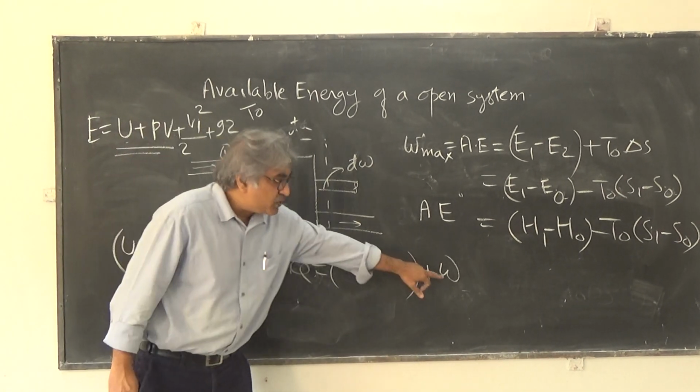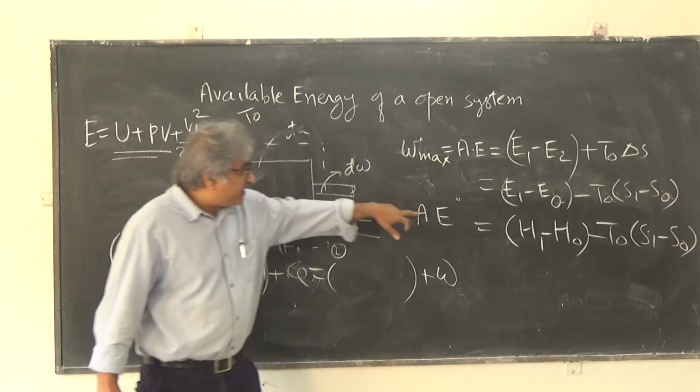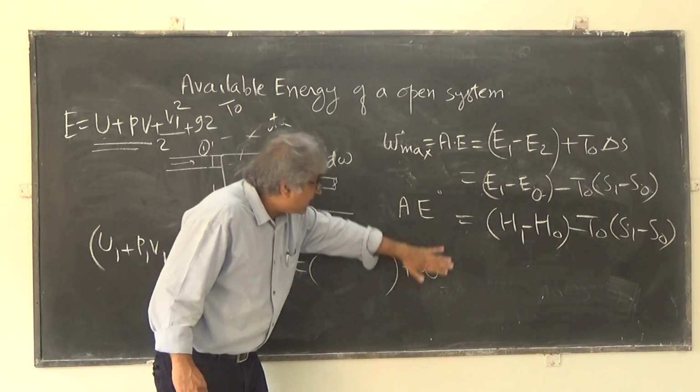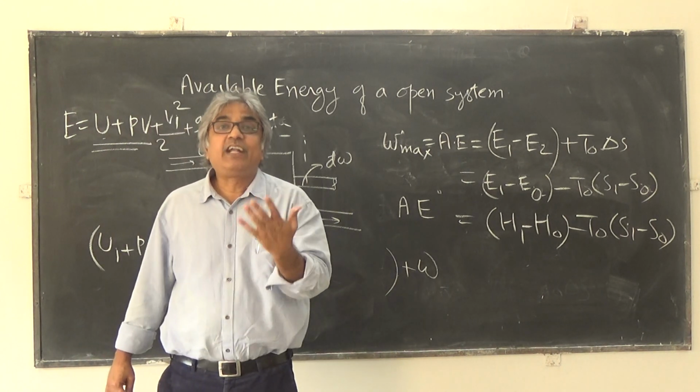If you find out this work, that will be your actual work. If you find out this work, which is available energy, that's the maximum work. So actual work upon this maximum work will give you second law efficiency.